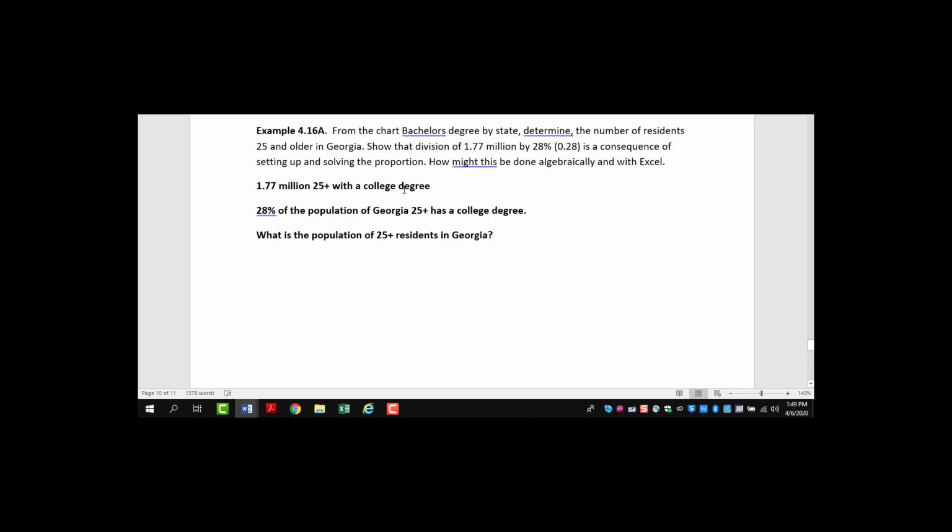So that's the number of people with a college degree. That is saying that 28% of the population has a college degree. What is the population 25 plus in Georgia? So this really is nothing more than we did before. I'm going to set it up part to whole, part to whole. So you might want to pause this and see if you can do that.